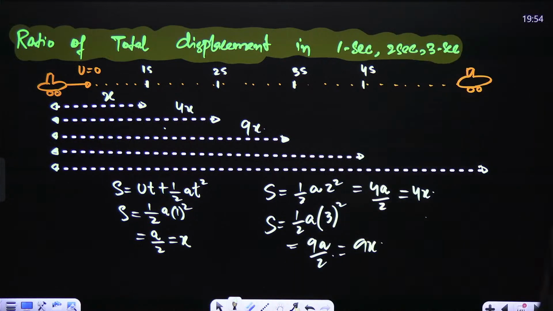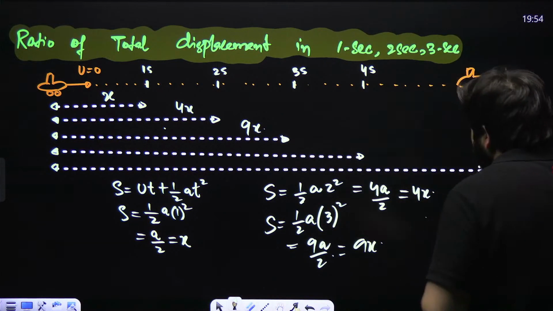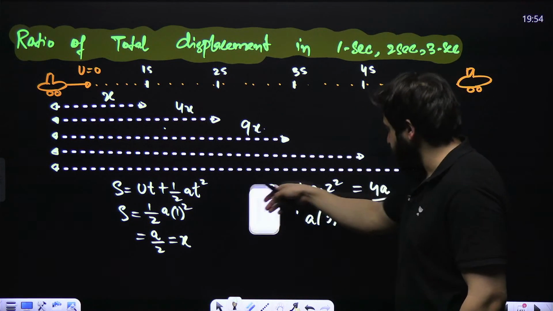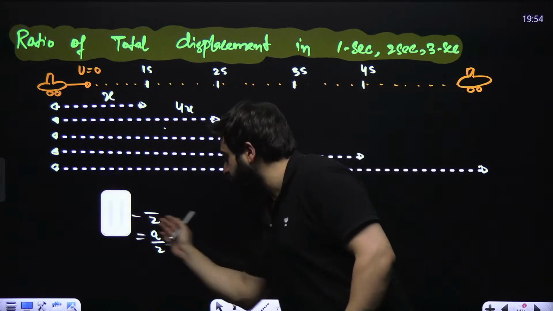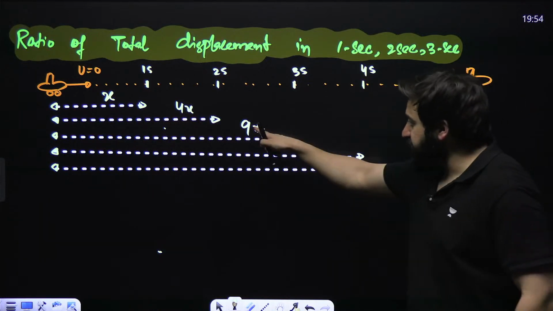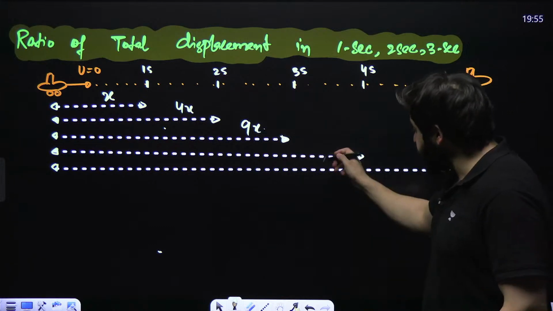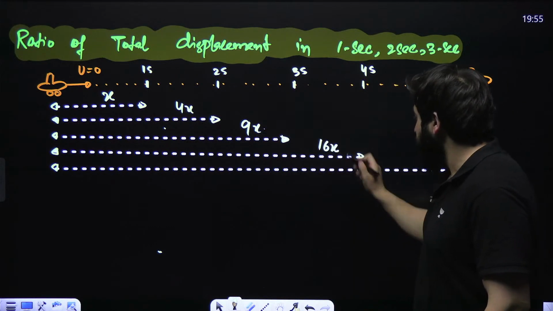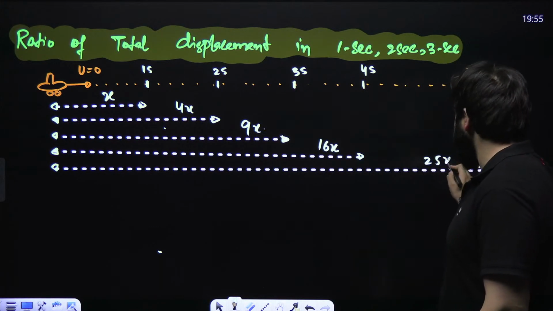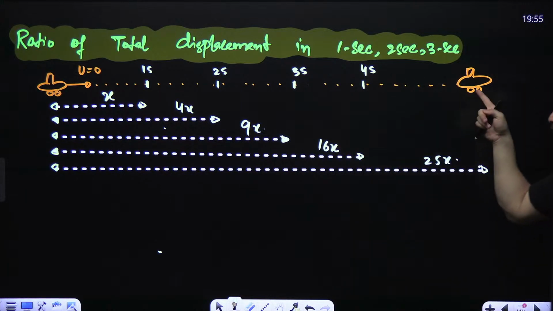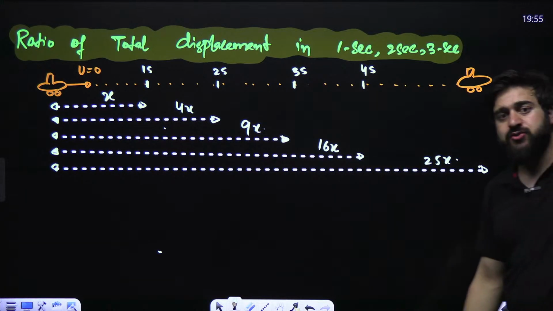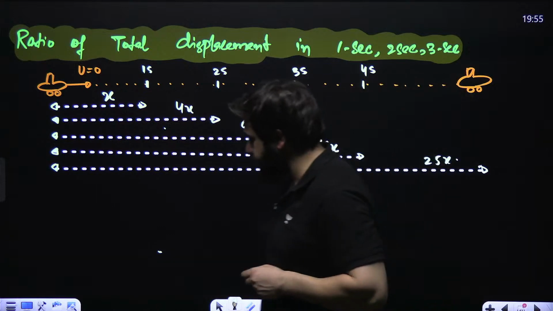Similarly, my dear friends, if this is 9x, this is 16x and this is 25x, because 4 squared is 16 and 5 squared is 25. Then the next one will be 36x and so on.